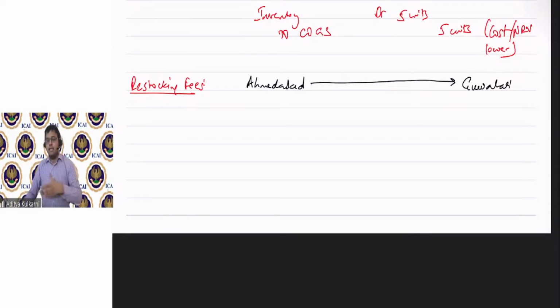Now, after sending the goods, if the customer in Guwahati rejects them, again you return the goods back. And for all this sale and return, who is going to bear the burden? Sir, ideally it should be Ahmedabad, the seller, who should bear the burden.